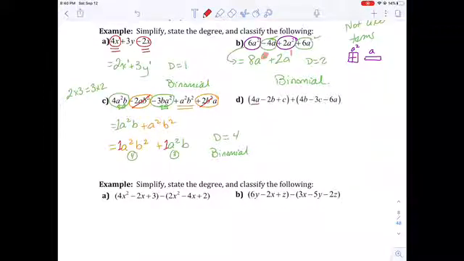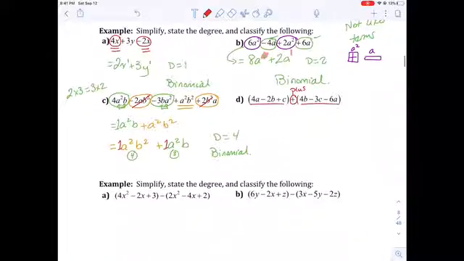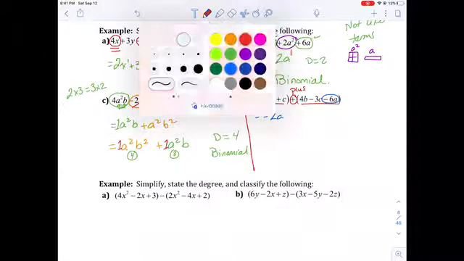Okay, 4a minus 6a. These brackets here, let's just review this really quick. This is just saying I've got a trinomial plus a trinomial. The brackets don't mean much here because this is a plus sign. Make sure you recognize that we're just adding two trinomials. So I've got 4a and a minus 6a. That's going to be a negative 2a. In negative 2b, I'm going to choose another color.